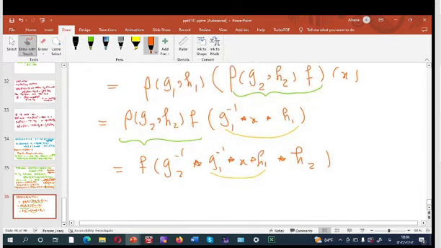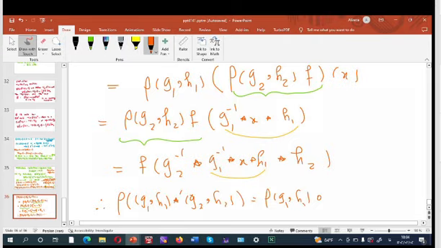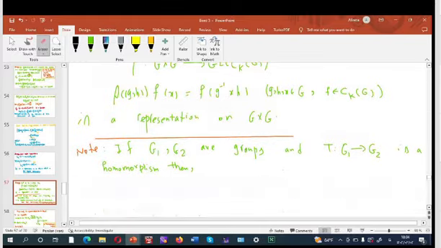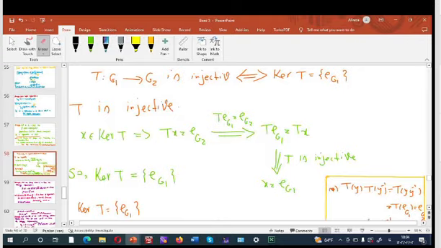And so rho of G1 H1 star G2 H2 equals rho of G1 H1 composed with rho of G2 H2, and this is the proof of this example, and we have this easy fact.